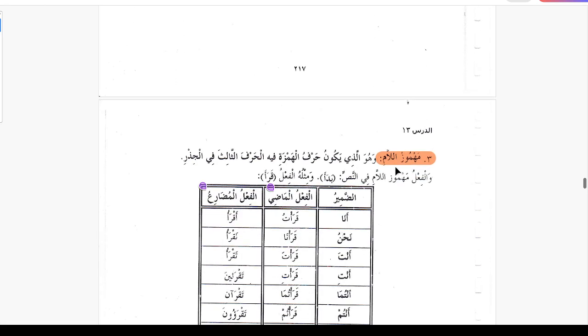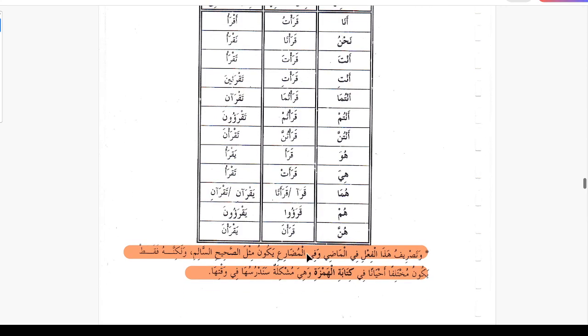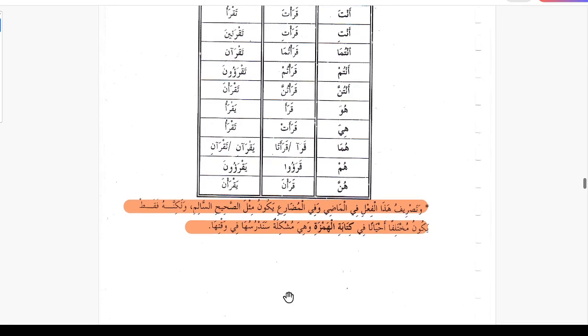And then mahmuzul lam, where the lam kalma is hamza, like bada, kara'a. And in this case we said that the writing is different, where the hamza is involved. The fi'l madi and mudare is the same as Sahih Salim, but only sometimes in the writing of hamza, and that we will study some other times.